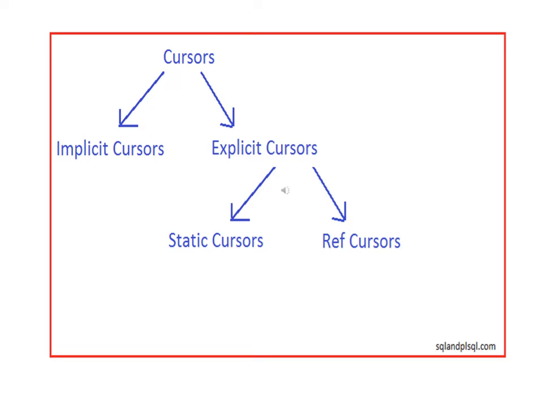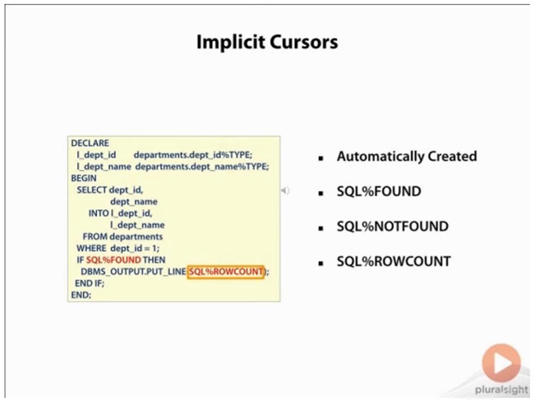The explicit cursor is again divided into two parts, the static cursor and the reference cursor. In the next slide, we will discuss the implicit cursor as well as the explicit cursor in detail.